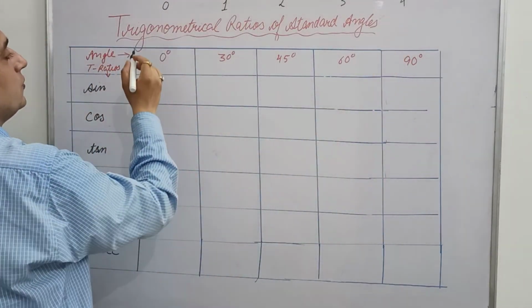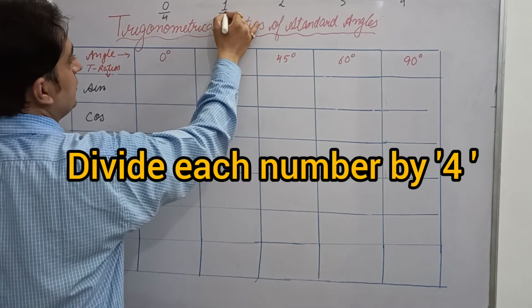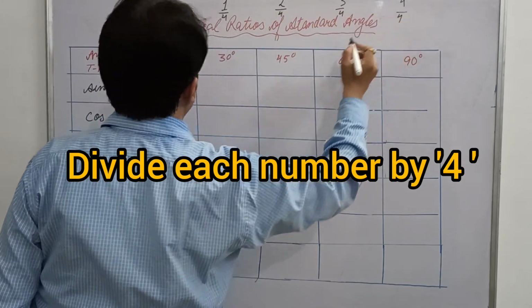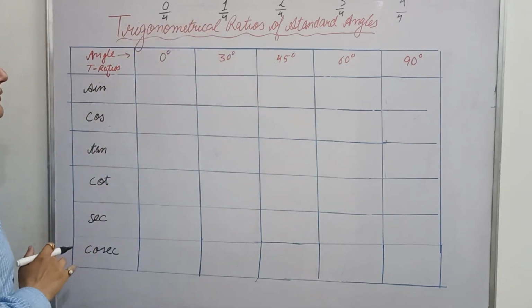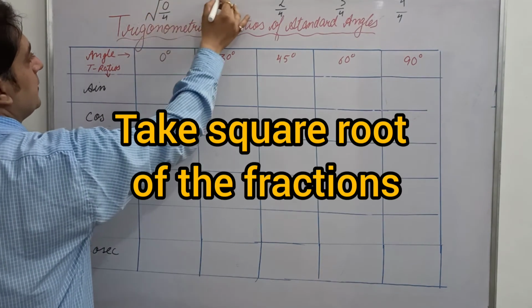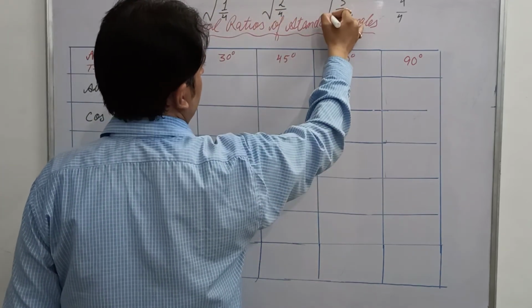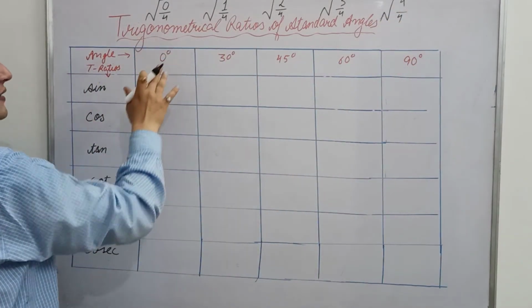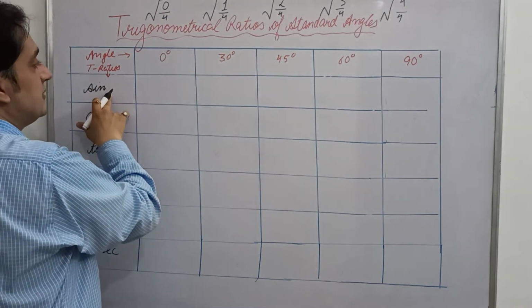Take these 5 whole numbers and divide all of them by 4, and after that take the square root of these numbers, and then simplify the values and write these values as the values for the sine of an angle.